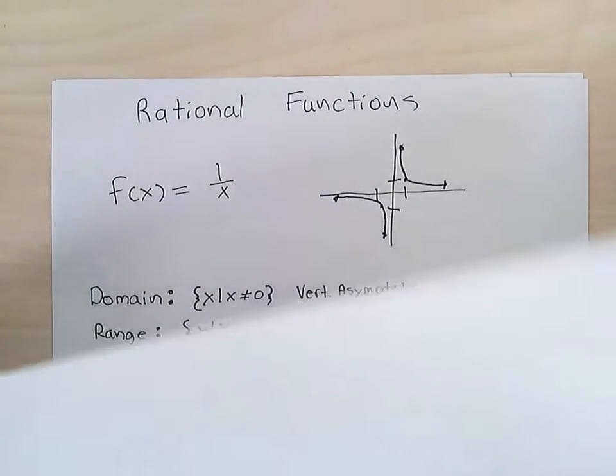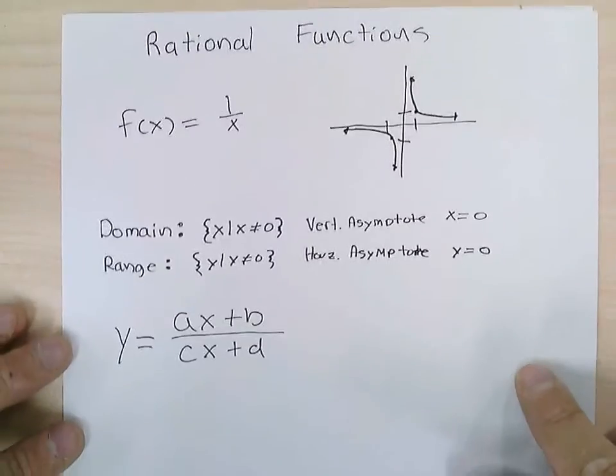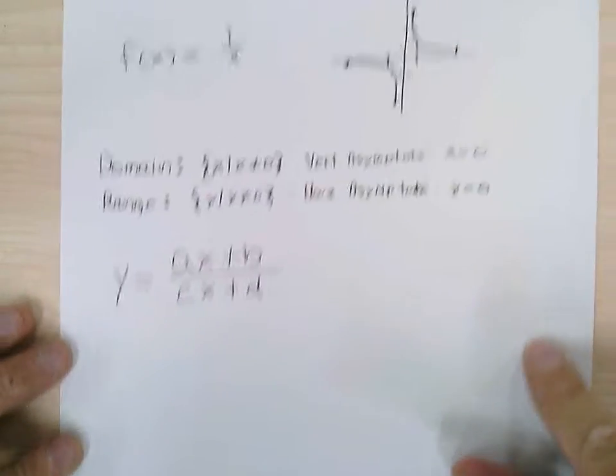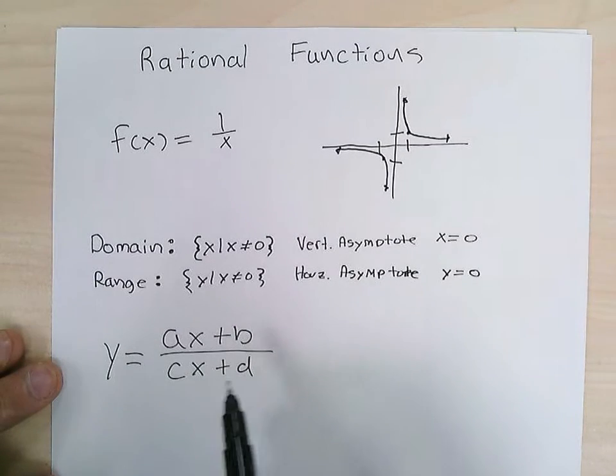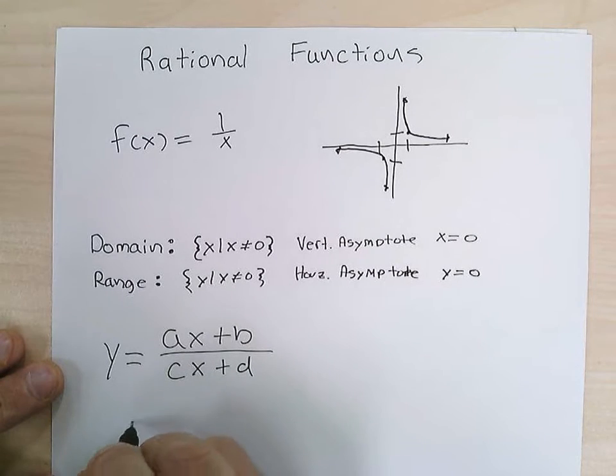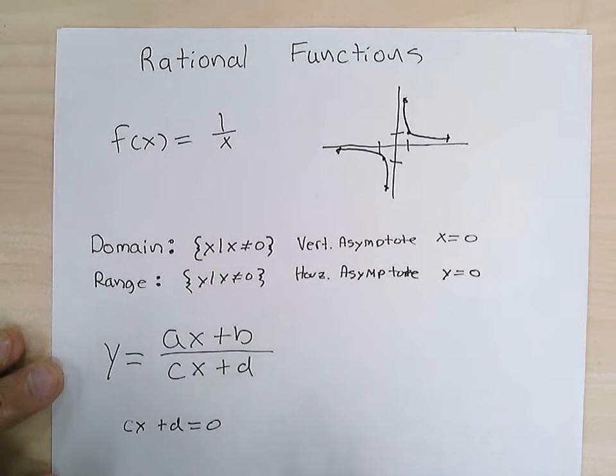So let's look at a more complicated problem, when we have something that looks kind of like this, right? The first part is I can find my vertical asymptote by taking the denominator, which can never be 0, so I'll go cx plus d equals 0, and I can do a quick solve and say that x equals negative d over c, right?